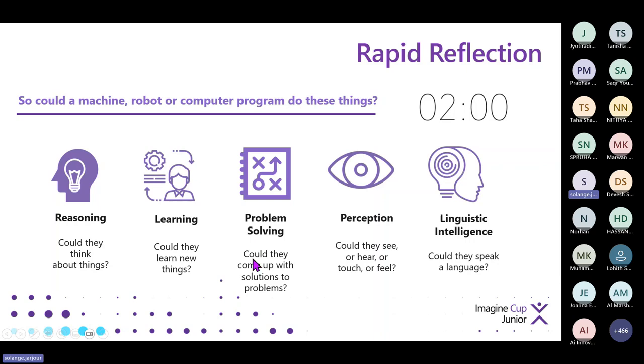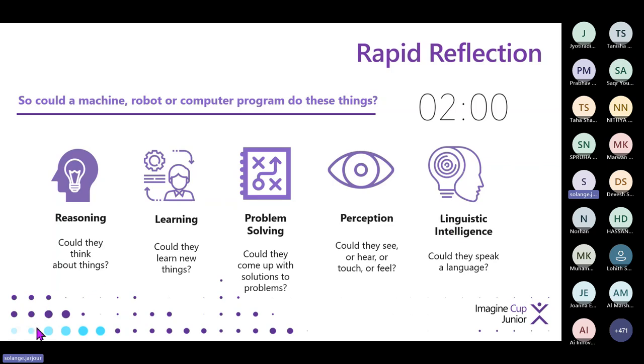When the machine is able to solve problems, to do some kind of perception, I'm not sure how we will make it hear or touch or see. We will check during our session. But yes, the ability of having the sensors or the senses like the human being. And finally, the ability to speak different languages.